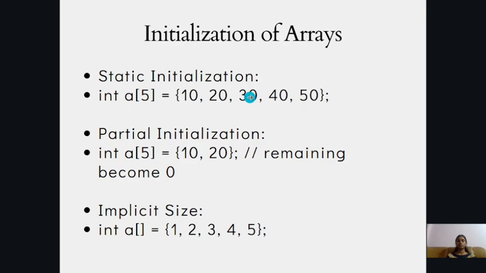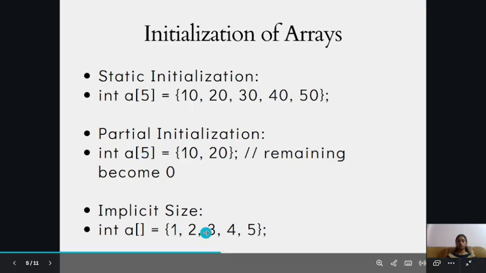If you give the size as 5 but the values are only 2, the remaining values are automatically taken as 0 by the computer. If the size is not given but values are given, then the computer also takes the size automatically according to these values.